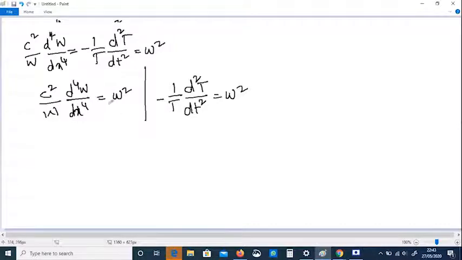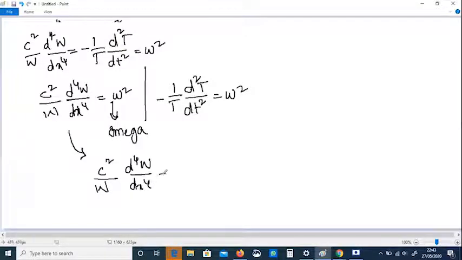And here this symbol is omega. So please differentiate between omega and capital W and small w, in case my writing is a bit confusing. Now we will take this equation, that is c square by w d4 w by dx to the power of 4 equal to omega square.